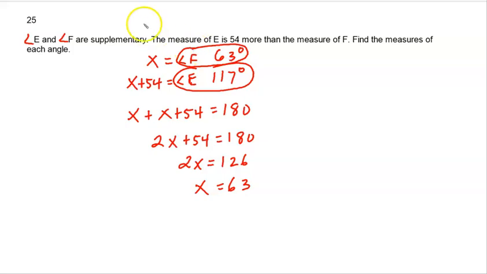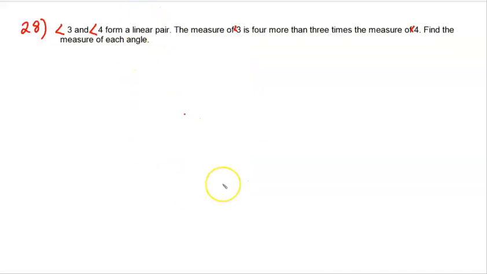I think we got one more for you. Angles 3 and 4 form a linear pair. And that's just another way of saying that they are supplementary, because those linear pairs will add up to 180 degrees. The measure of angle 3 is 4 more than 3 times the measure of angle 4. So find the measure of each angle.